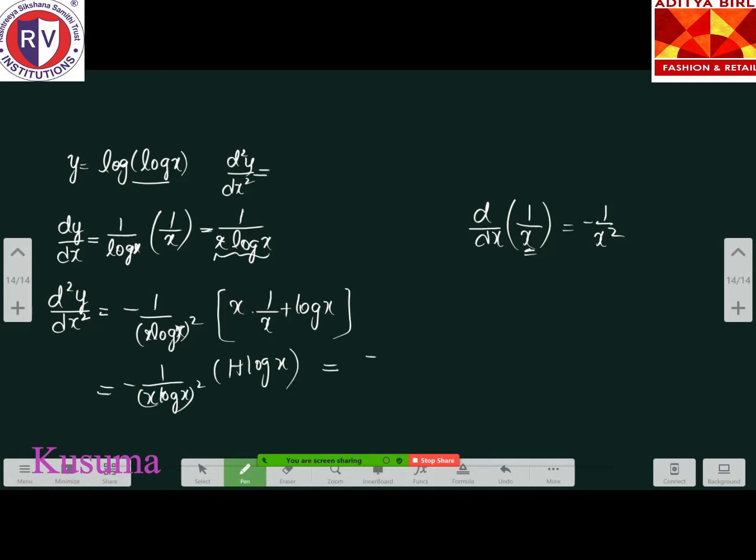This can be written as minus of 1 plus log x divided by x log x whole square. So which option is the right answer? B. Yes. Answer is option B.